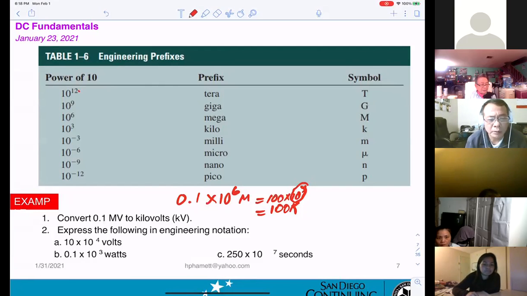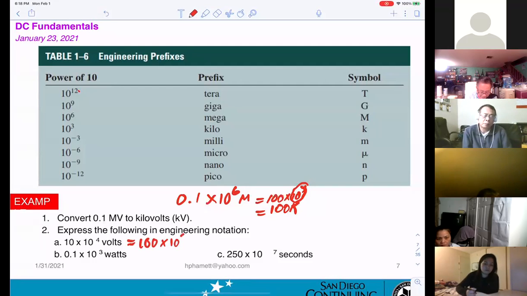You can do it the easy way. You can say 0.1 times 10 power of 6, mega, or 100 times 10 power of 3, kilo. They want the power to match an engineering prefix. That's easy. Like 0.1 times 10 power of 3 watt, you can change it to milliwatt.